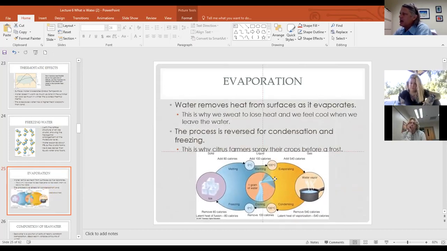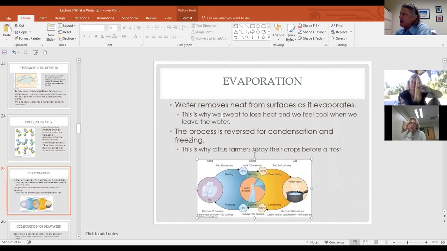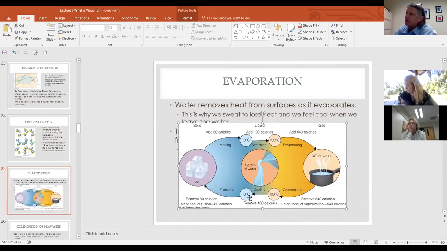So let's kind of summarize what we said. And interesting here, I talked about the sweat. When we start to drop down below the freezing point here in Florida, which occurs, but it doesn't occur that often, farmers turn on their sprinklers right before dusk to wet their plants, because if that water were to frost up, it would pull 80 calories off of the plants and keep the plants warmer.